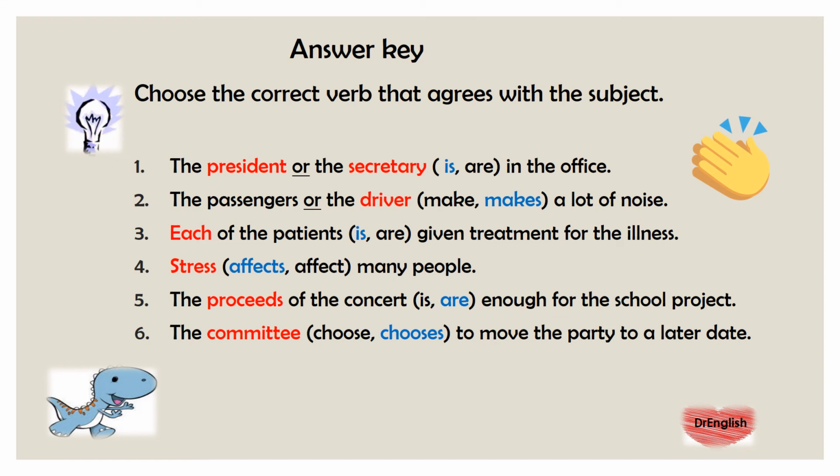Sentence 3. Each of the patients are given treatment for the illness. So the rule says in words where each is used, it takes a singular verb. So the correct answer is: each of the patients is given treatment for the illness.